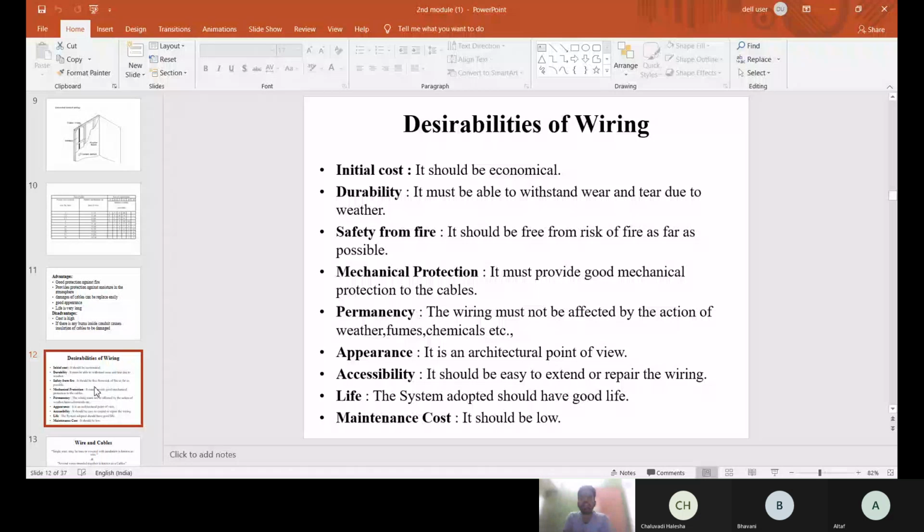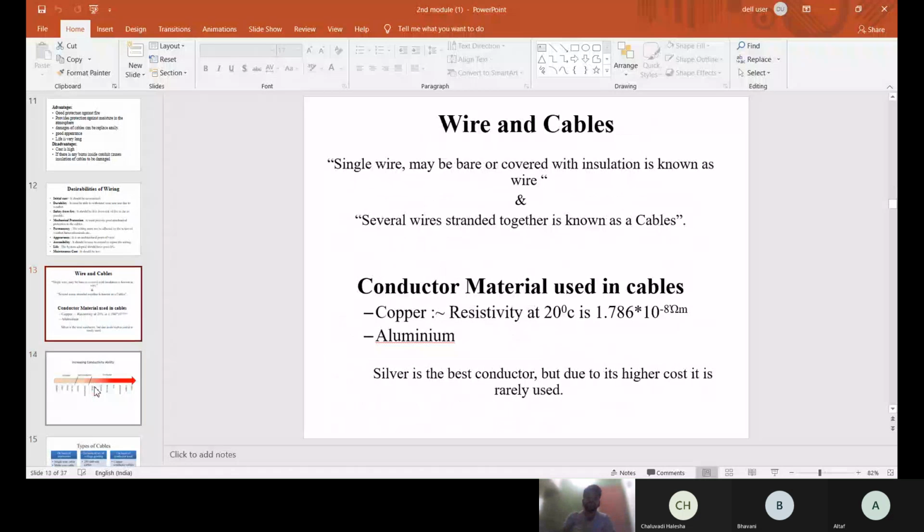In the next section, we can go for wires and cables. Here in this section, we can study the different types of cables, different types of wires, and what is meant by wire and what is meant by cable. A single wire, bare or covered with insulation, is known as a wire. Normally a wire is a conductor which may be bare or insulated.